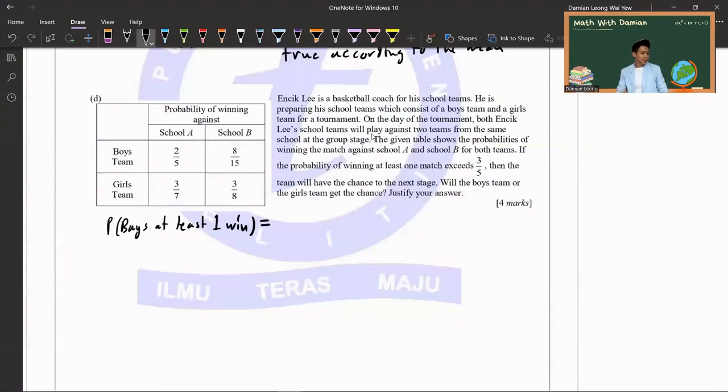Usually for at least or at most, the best way to look at the probability is 1 minus. Yeah, take 1 minus the probability of the complement. Means the probability that they don't win both matches. So 1 minus the probability that the boys team don't win both matches.